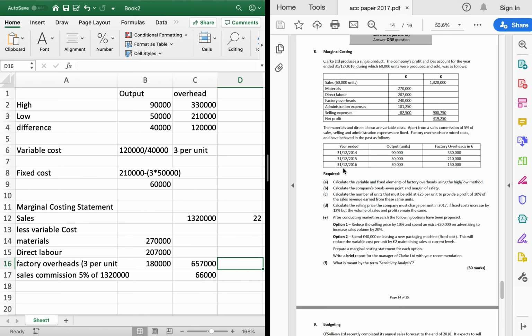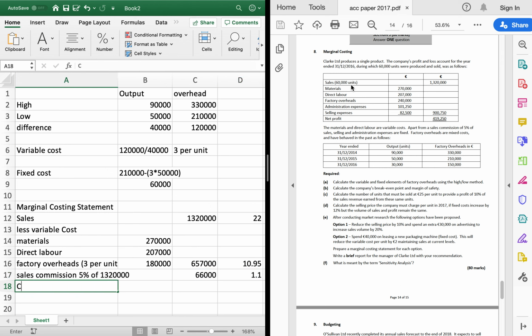So I need to do these per unit. So we take the 657 and we're going to divide that by 60,000. It's always divided by 60,000 units. And 66,000 divided by 60,000 is 1.1.